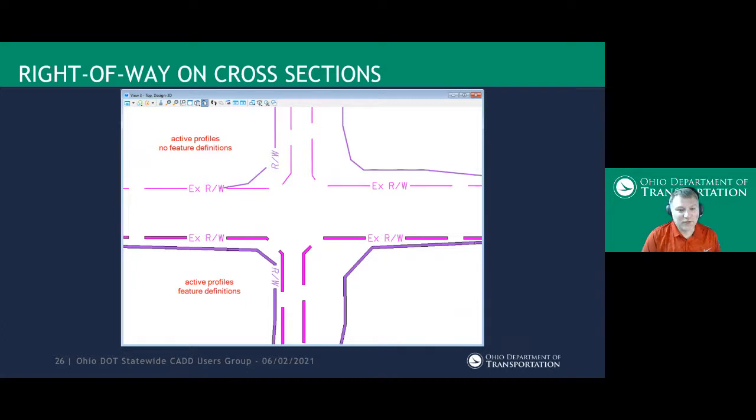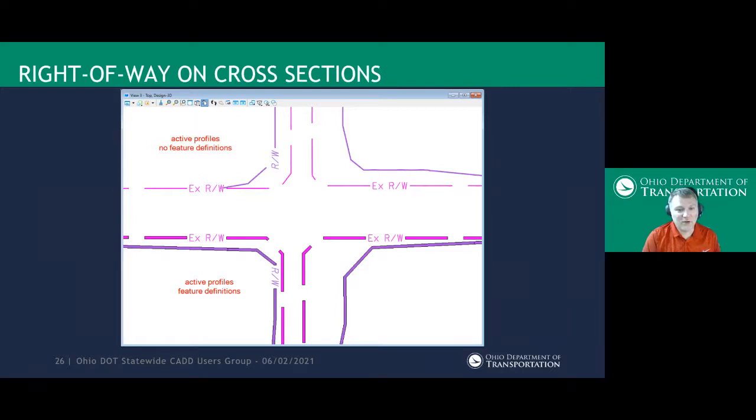Here's a screenshot I showed in a previous demo. This is a 3D view, and these elements have all been profiled, but you'll see on the top half of the screen, at the intersection, these elements all have active profiles but no feature definition assigned. The feature definition also controls the line style that's shown in the 3D view.